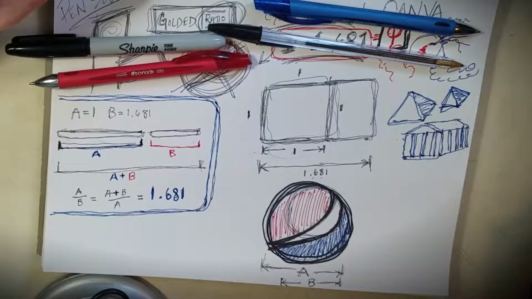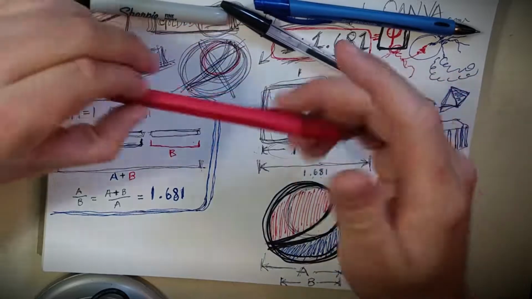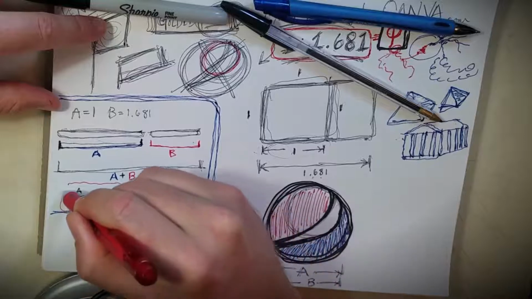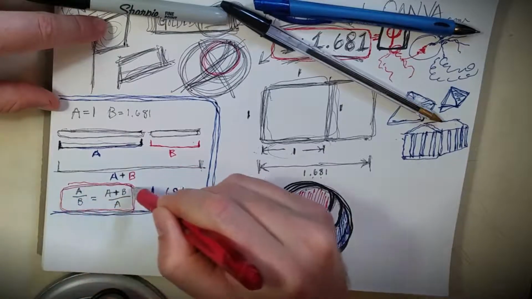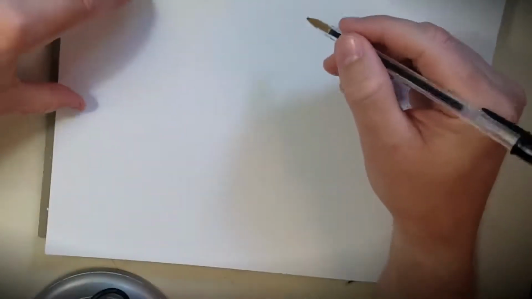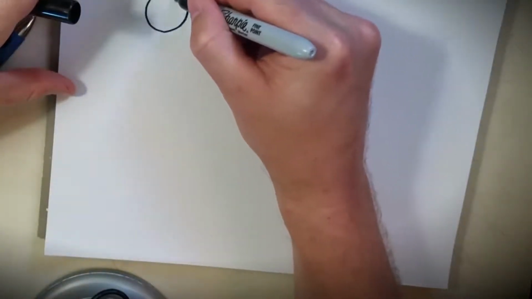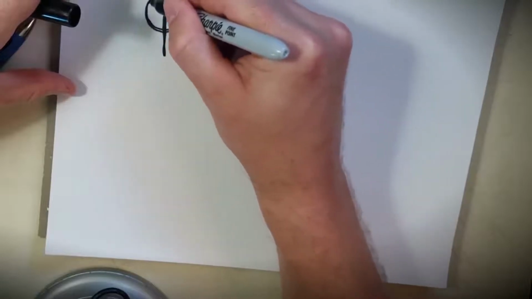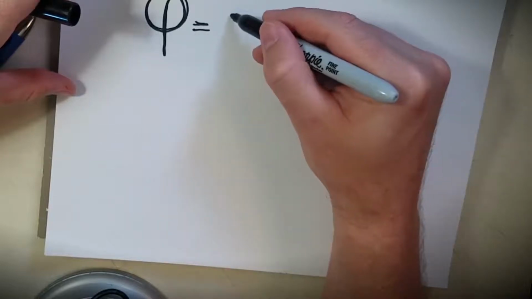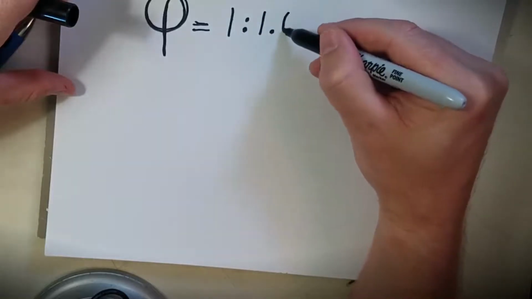So, the interesting thing about this little ratio here is that we have our golden ratio, which equals 1 to 1.681.